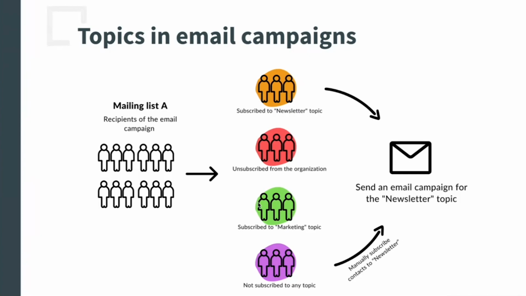The third set of people will also not receive the email because they have shown interest in marketing related content and not newsletters. Now, the fourth segment of people who have not chosen any topic or have no topic assigned to them will also not receive the email until they are manually subscribed to the newsletter topic.